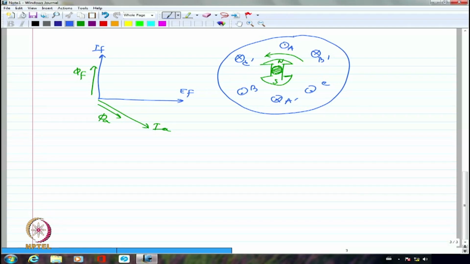So there is an equivalence we have to calculate, definitely. So rather than mentioning this as IF, let me mention this as IF dash. IF dash is the equivalent AC current when I visualize the DC current from the revolving magnetic field viewpoint.